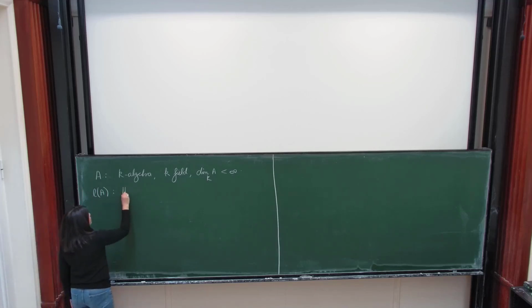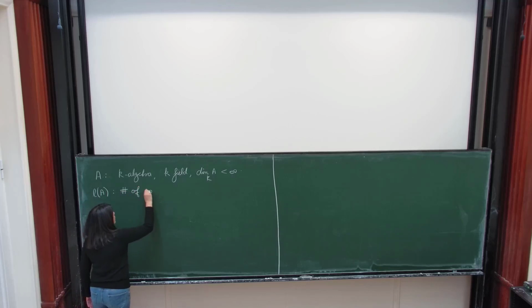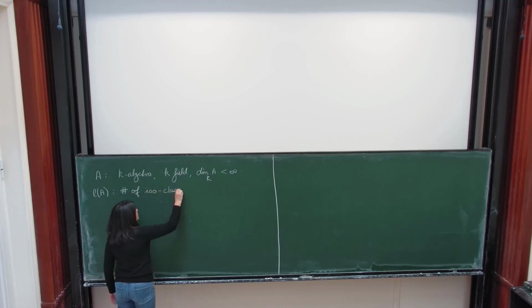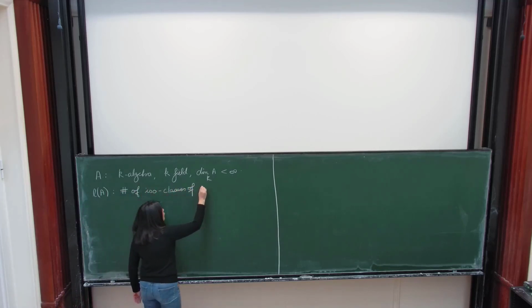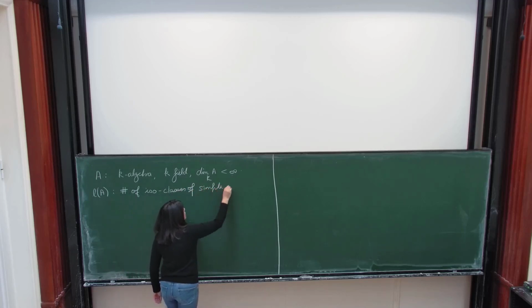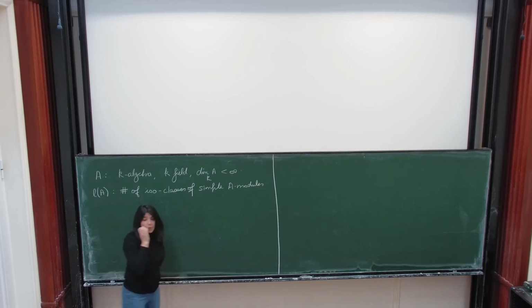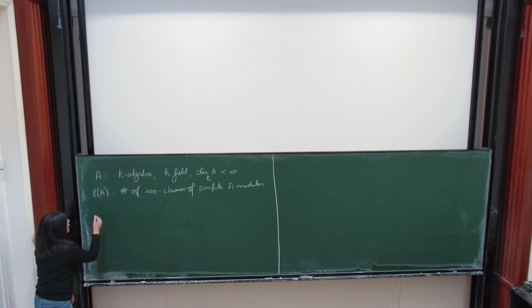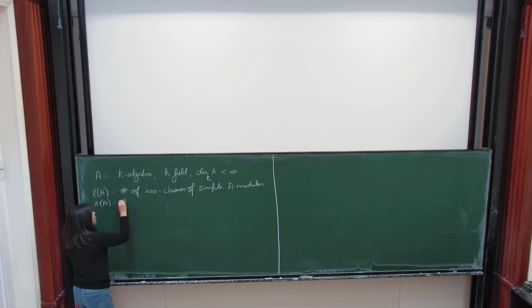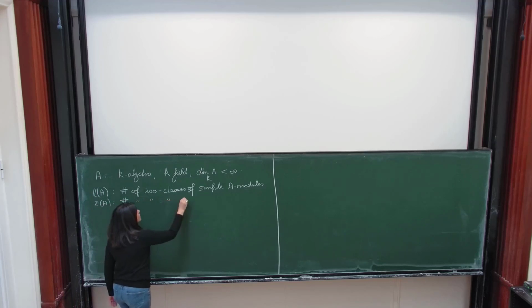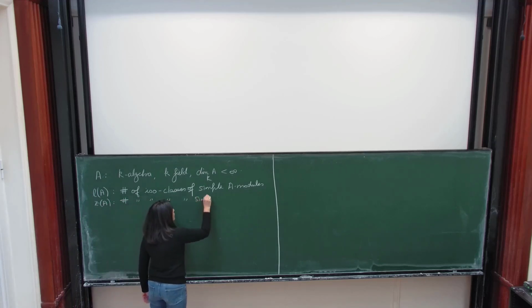Well, this is the number of isoclasses of simple A-modules. I'll call that L of A. And then you can consider the smaller number, which is the number of isoclasses of simple modules which are also projective.